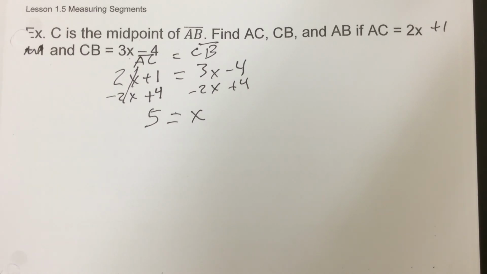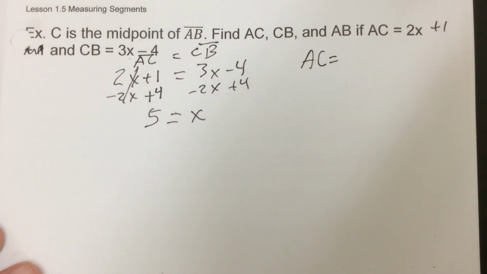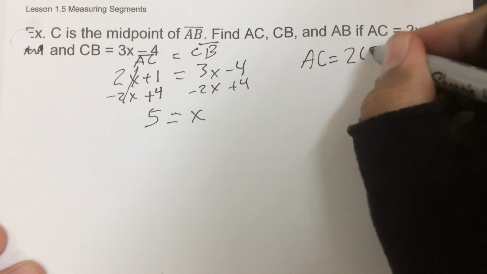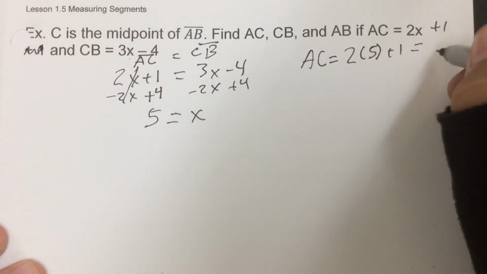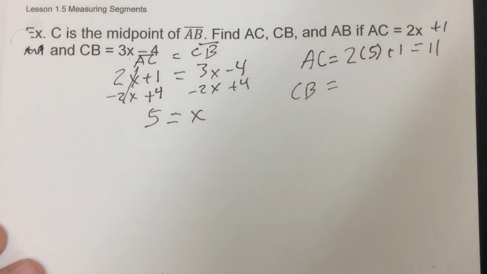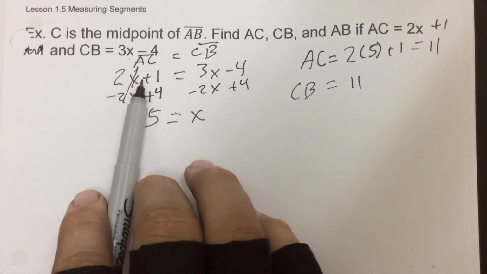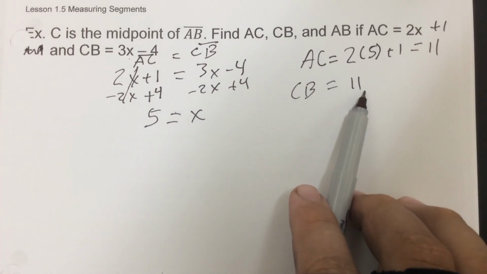And again, are we done here? No. We gotta go back, plug it in, and find what AC, CB, and AB are. So let's start with AC. AC is going to be 2x plus 1, so 2 times our 5 plus 1, which is 11. What is CB going to be? 11. We said they're equal segments, so if you find one, the other one's going to be that as well.